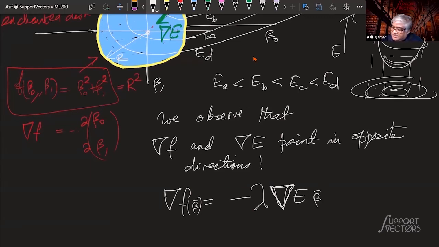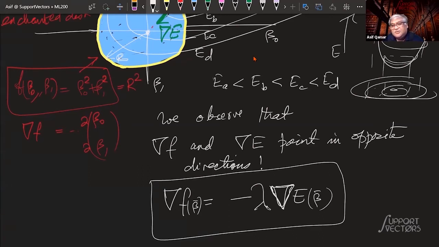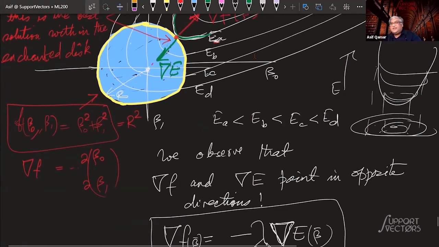The gradient of the constraint surface and the gradient of the error function point opposite to each other. Then up to a negative sign and a proportionality constant, this must be the equation. This is how you write two vectors which point in opposite directions. It turns out that what I just showed you is not just true of error functions.